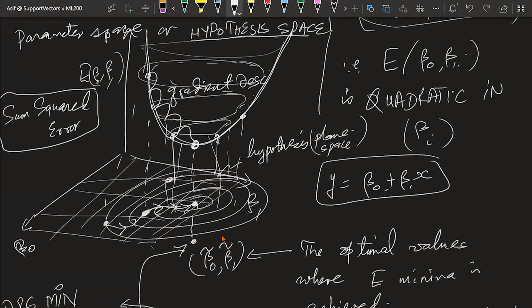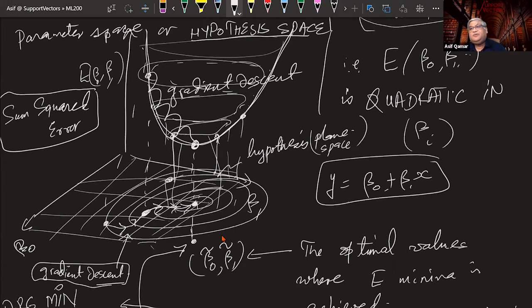Asif, is the argmin then either very close to or just the irreducible error? No, not necessarily. See, even when you reach the minima, you may have reducible as well as irreducible error.